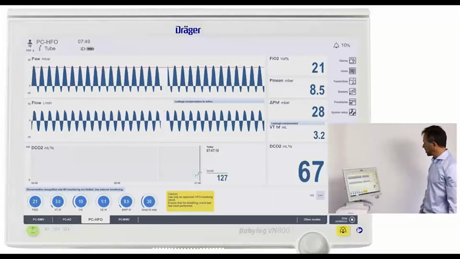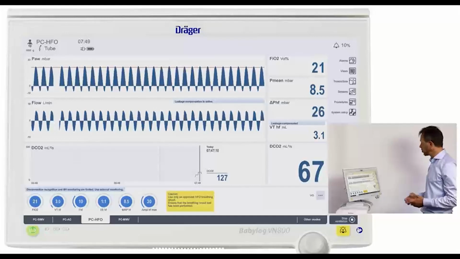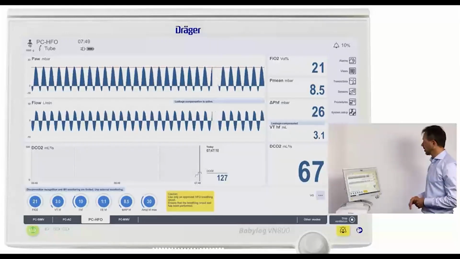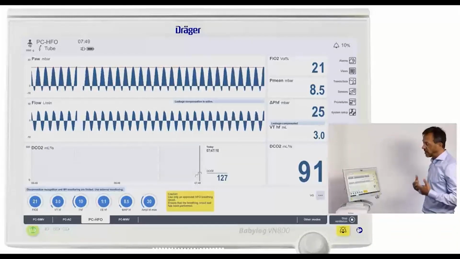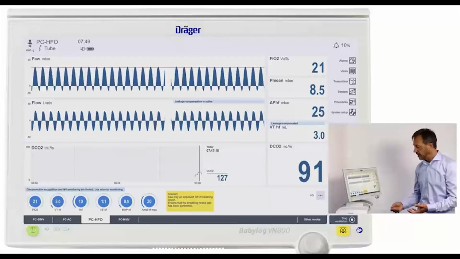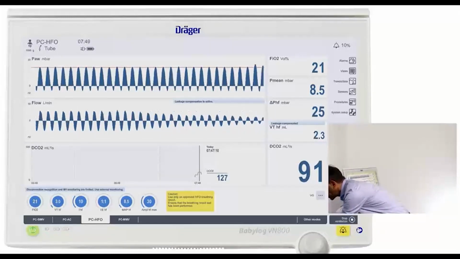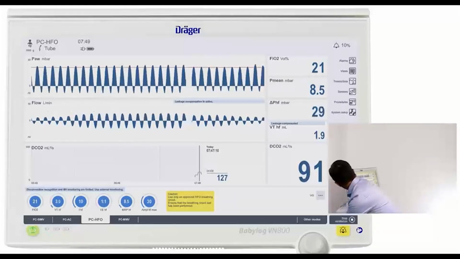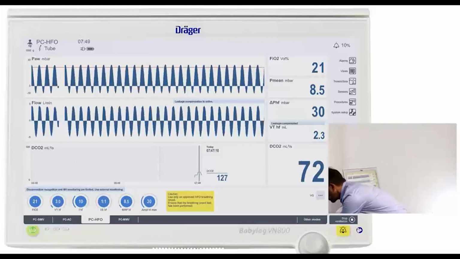We are now at 29 millibars, 28 millibars, so a much bigger amplitude, but the tidal volume stays at the 3 milliliters. So it's automatically reacting to this situation. However, if the mucus accumulation gets bigger, and this I simulate now, then your tidal volume will drop even more.